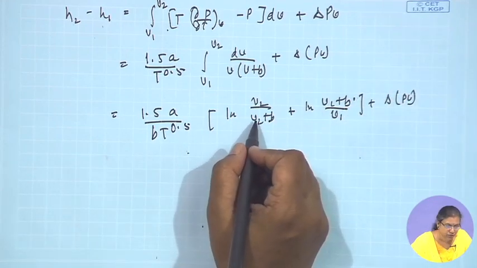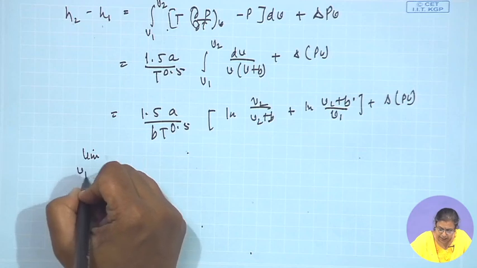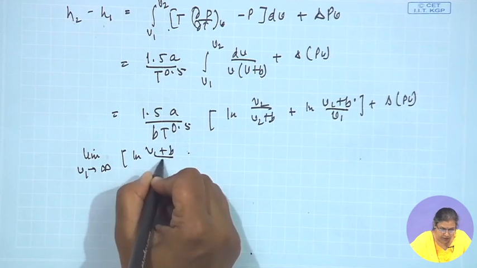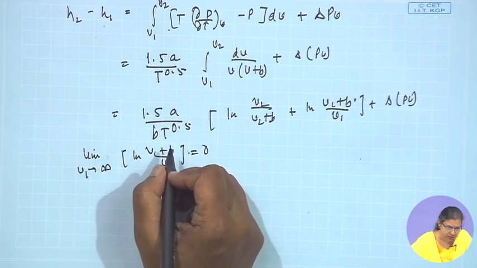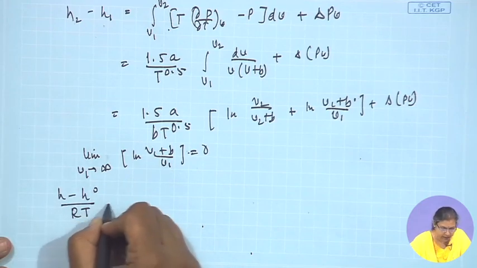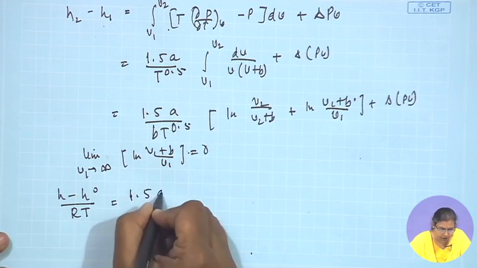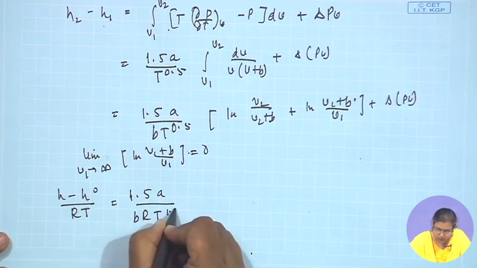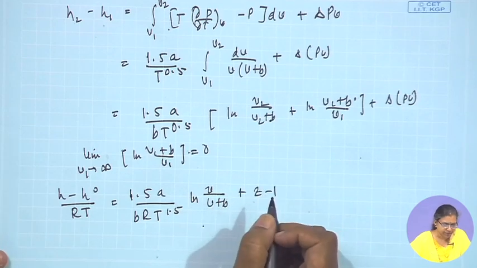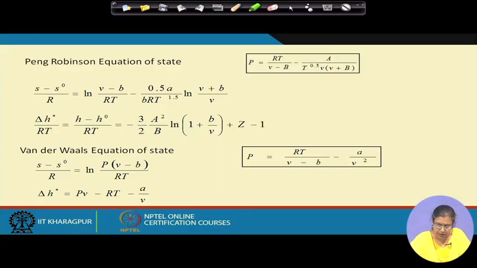Now suppose state 2 is the state of interest and state 1 is the ideal gas state. So in the ideal gas state, we know V1 tends to infinity, and ln (V1 plus b) by V1 is naturally equal to 0. So with this we find H minus H0 by RT, given as the expression which I have already written down: 1.5 a by b (RT) to the power 1.5 ln V by (V plus b), plus z minus 1. If you make certain substitutions, this is the equation that you are going to get.